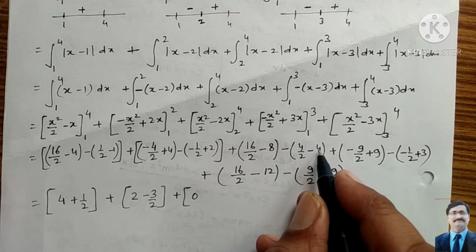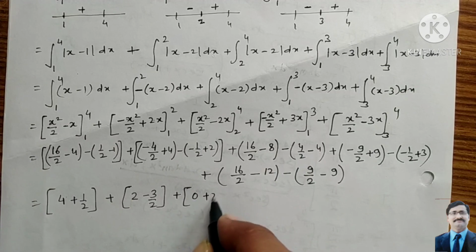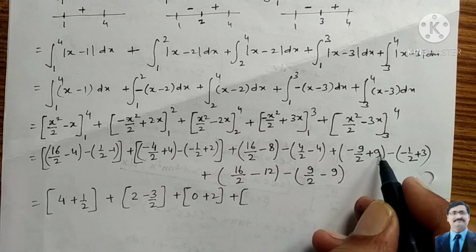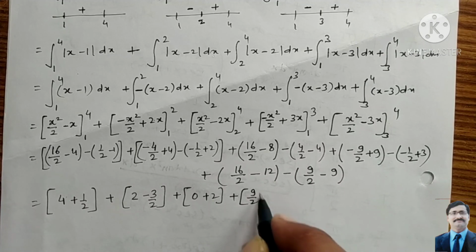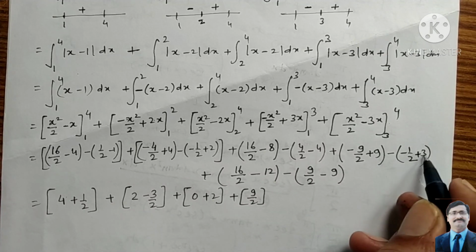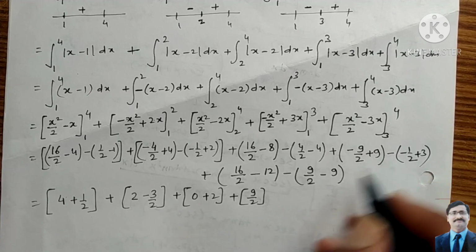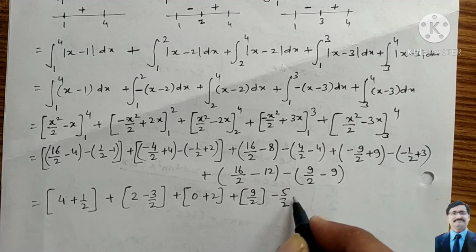Minus 2 and minus 2, and minus, this is plus 2. And here this is minus 9 by 2 and plus 9 by 2, we can write. This will be 3 times 2, just 6. 6 minus 1 is 5 by 2, and outside is minus 5 upon 2.